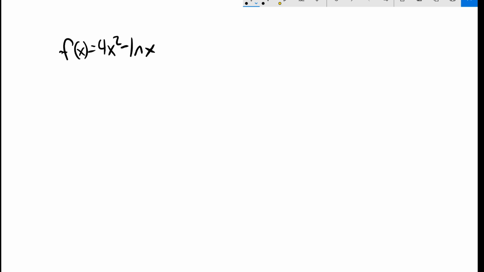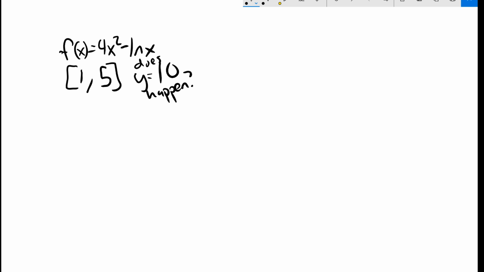And they say, okay, does the intermediate value theorem guarantee a value on the interval 1 to 5? And they want the value to be, does it guarantee 10? Does 10 happen? Does y equals 10 happen?